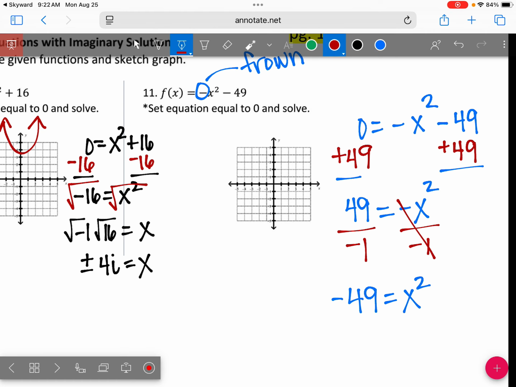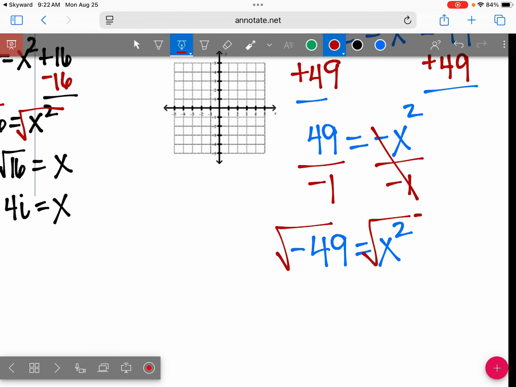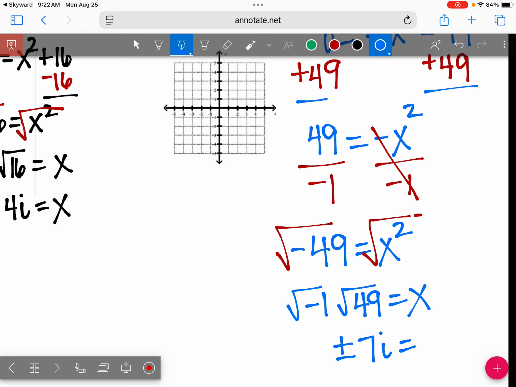And then lastly, I'm going to take the square root. So I'm going to separate this down to negative 1 times 49, which would be plus or minus 7i. But this time I have to draw a frown. But it doesn't go up high enough. It makes a U-turn before it touches the x-axis.